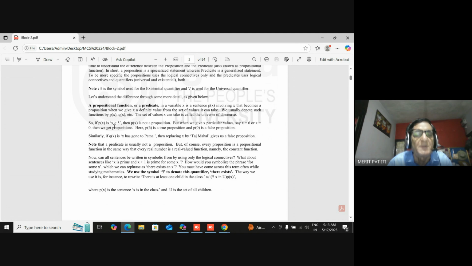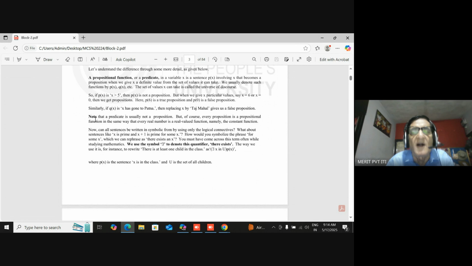So for example, P(x): x is greater than 5. P(x) is not a proposition, but when we give x a particular value, say x is equal to 6 or x is equal to 0, then we get a proposition. Here P(6) is a true proposition and P(0) is a false proposition.